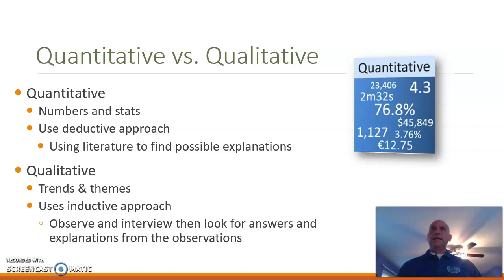This one uses inductive. It's an inductive approach. So we observe and interview, then we look for answers that exist and explanations from those observations. Okay, so in this case, we're doing the research first and then looking for it. And a lot of times, qualitative research happens because there hasn't been a whole lot done in the past on this particular topic.